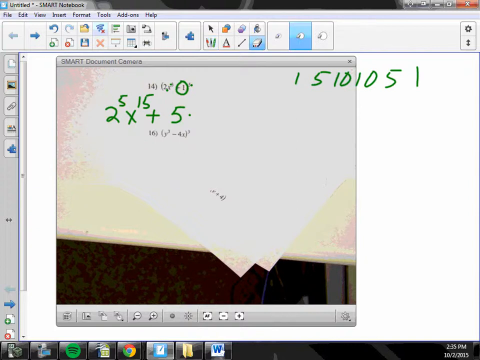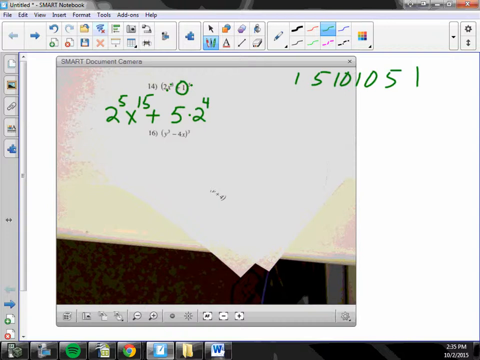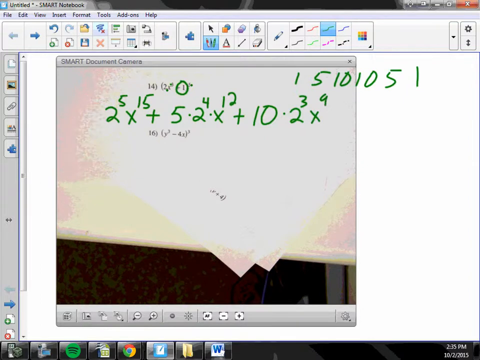All right, so 5 times 2 to the fourth, x to the third to the fourth would be x to the 12th. Plus, we bring down the 10 from the triangle, times 2 to the third, x to the third would be x to the 9th, and 1 to the 1, it's just 1. So this is 1 to the 0, this is 1 to the first, this is 1 squared.